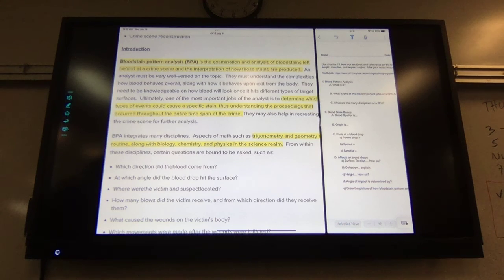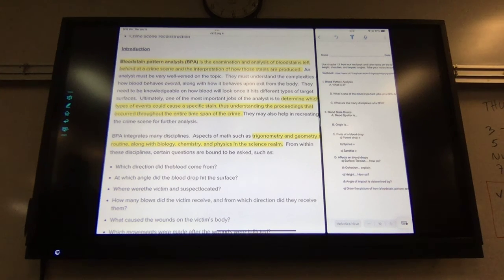There's the laws of physics involved. There's the laws of mathematics. So we're going to be able to get a lot of details with blood spatter. It's one of the great techniques at a crime scene.